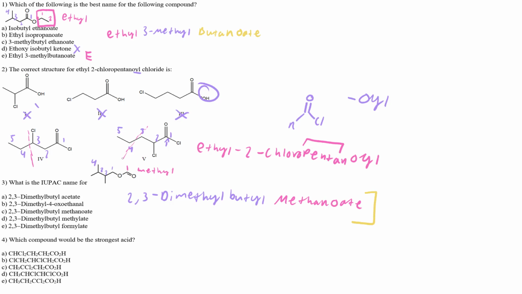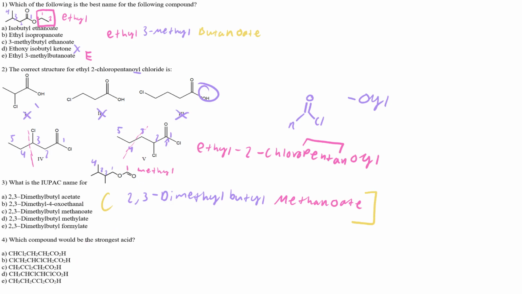We have, on the longest chain, a butyl, okay? And on this butyl, the second and third carbon have methyls. So we have 2,3-dimethylbutyl. And we only have 1 carbon right here, so that just means it's a methyl. But if you're naming it as a parent, you call it methane or ethane, propane, right? So we have methane-oate or methanoate, whatever. But that's how you do it. So this answer choice would be C.